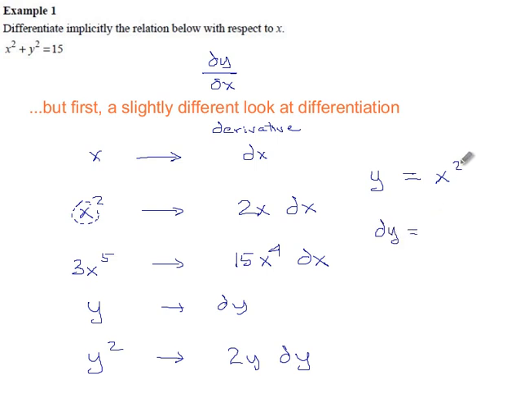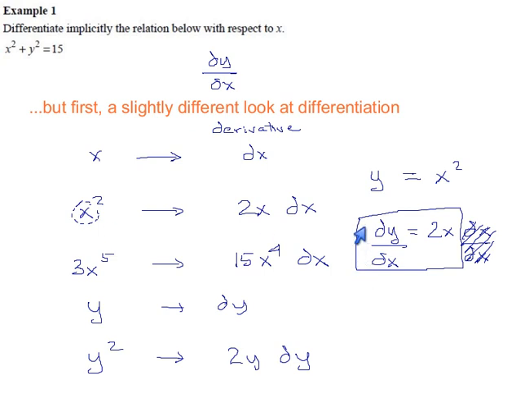On the right, the derivative of x squared is, well, power rule first, 2x, and then dx. And what happens next is we divide both sides by dx. This cancels.